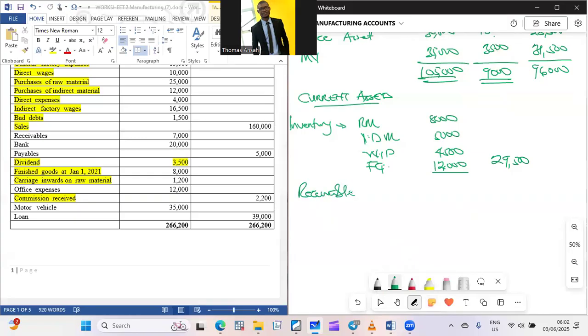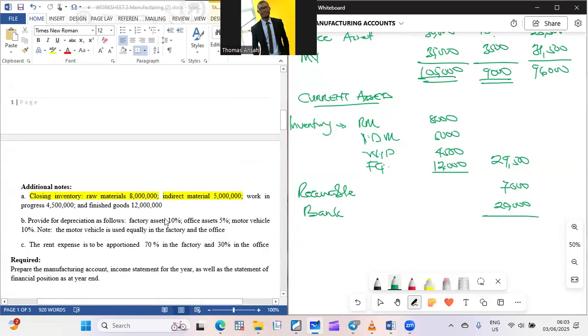After inventory, trade receivables. This is where if there were any advance payment, you bring it in. 7,000 trade receivables. Bank is there. Bank is 20,000. That's it, right? So let's total everything.